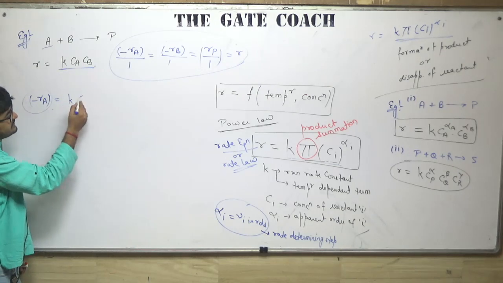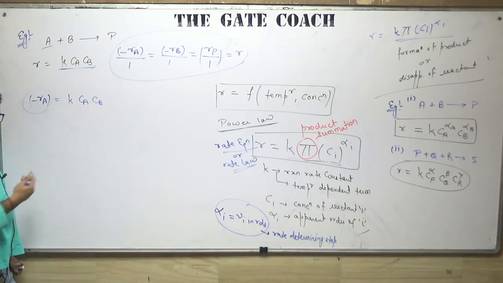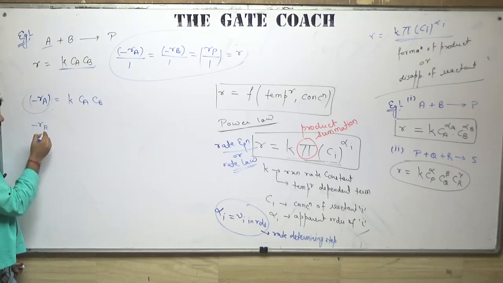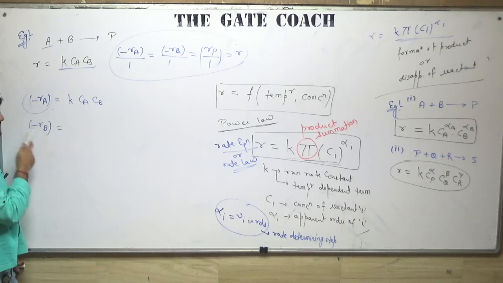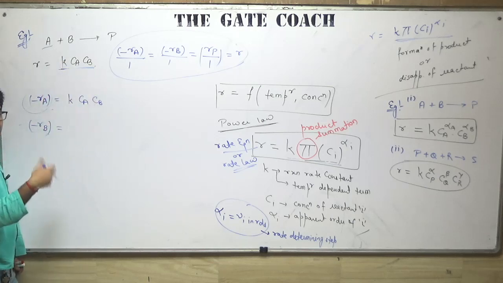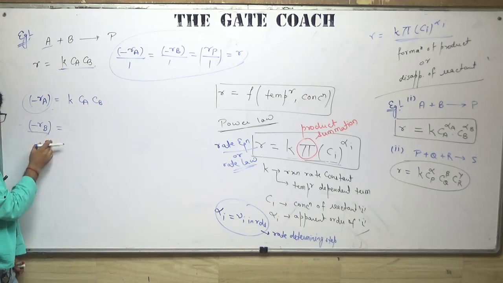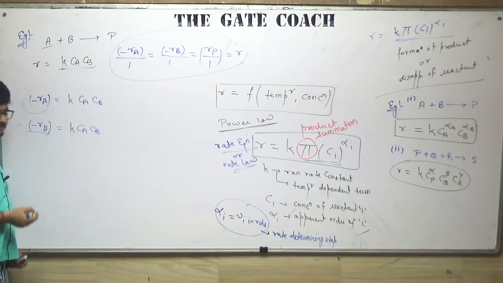So it will remain the same, k C_A C_B. Now, if you want to write the rate of reaction in terms of minus r_B, that means rate in terms of disappearance of B. B is the reactant, and this part also represents the disappearance of reactant, and I am also talking about the disappearance of reactant. So it will be the same, k C_A C_B.